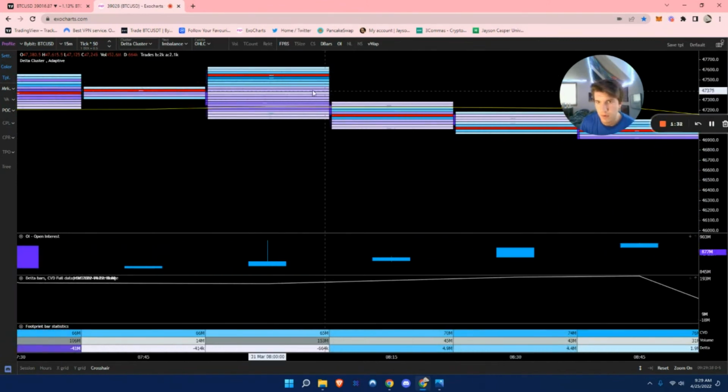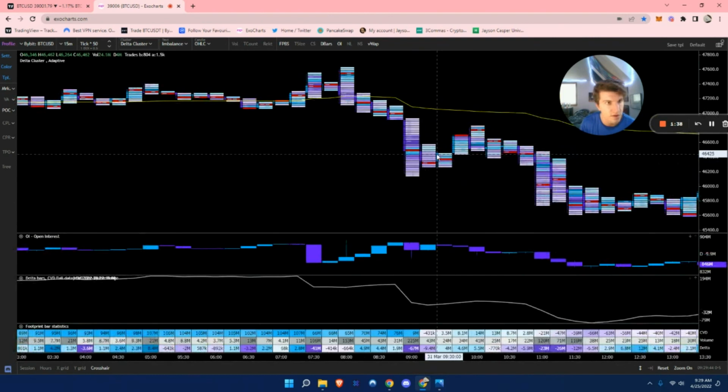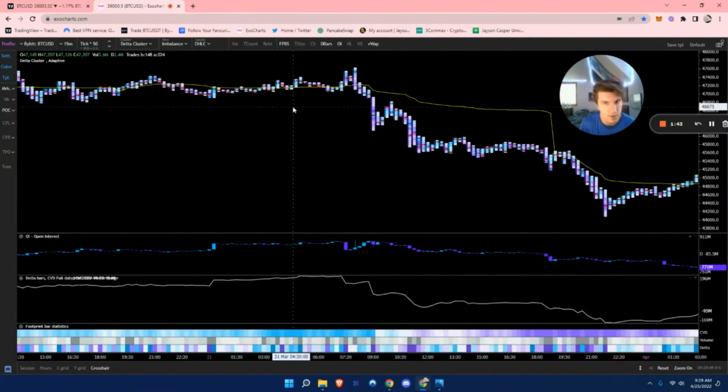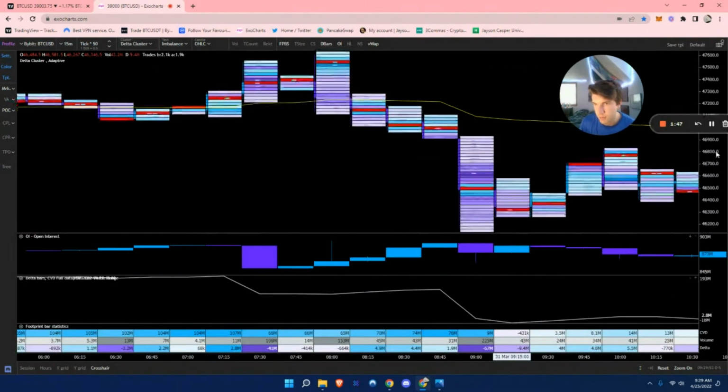So you'd wait for price to come down, and then you would enter your limit order up into here with your stop loss again above the last high over here. And this would have been a nice move you would have ridden down. Sorry if I can't really zoom in that well.